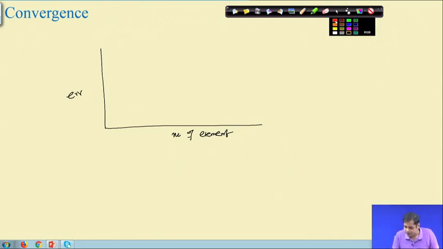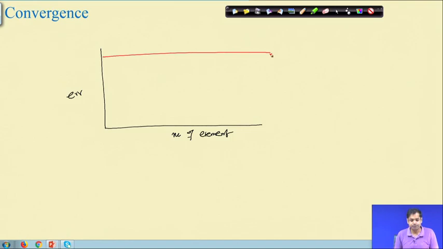Suppose this is your actual result. Now, the essence is if you increase the number of elements, your error should be reduced. Now, the essence of convergence is that if you increase the number of elements, the prediction should converge to the actual result. Now, you see it can converge to the actual result like this.